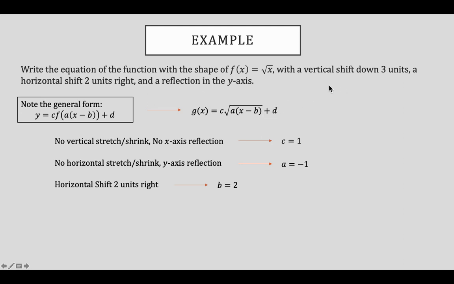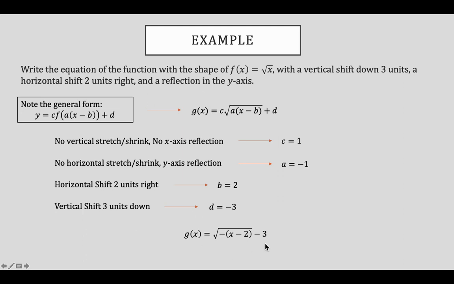And because it is a shift down 3 units, we want d to be negative 3. Once we identify all of those constants, all we have to do is plug them in. g of x is equal to, notice c is just a 1 in front of here, times the square root of negative 1 times x minus 2, minus 3.